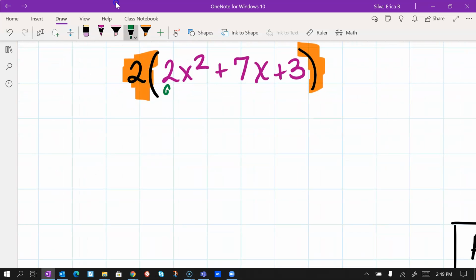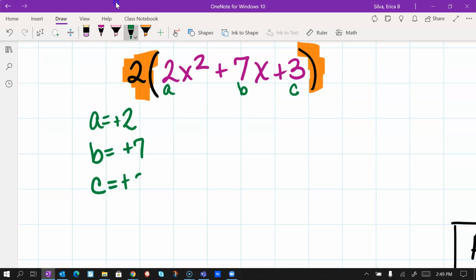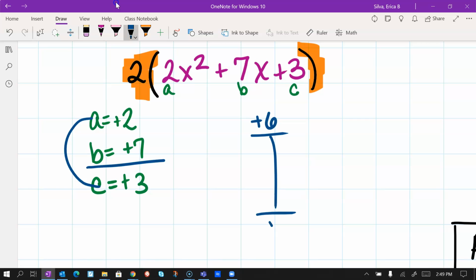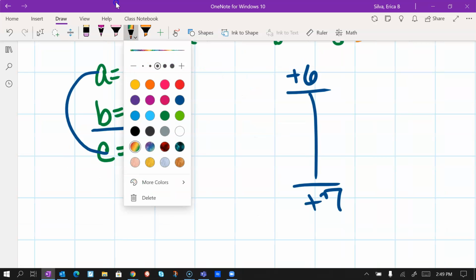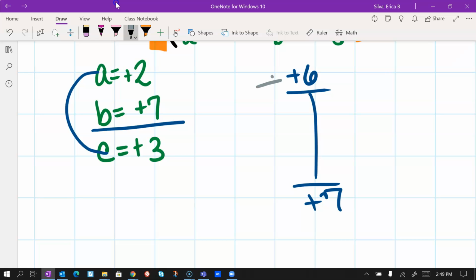So here we go. Let's label our A, our B, and our C. We've got 2, positive 2, positive 7, and positive 3. So our first step, multiply my A times my C. And that gives us a positive 6. And then the number on the bottom will be positive 7. So if we look at my top number, we have positive 6, which means we're going to be adding my factors.